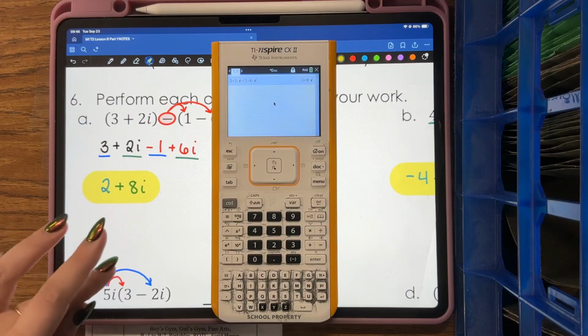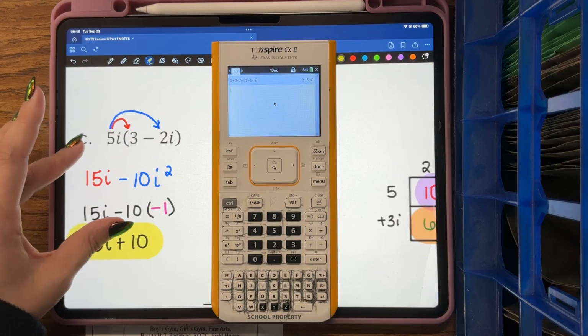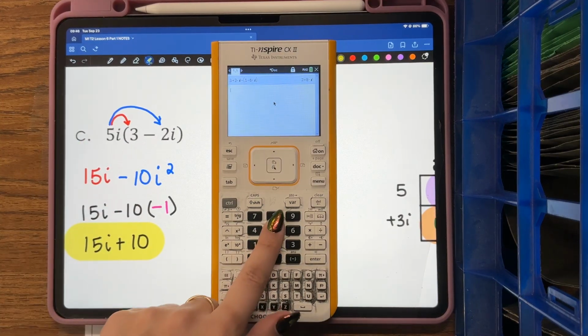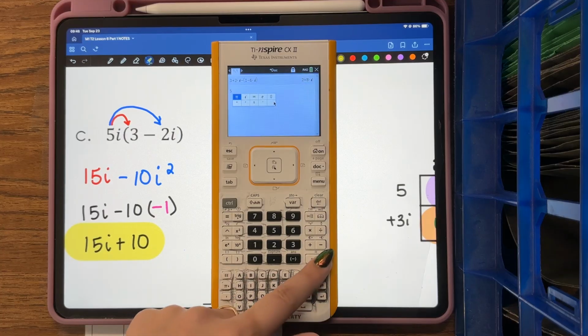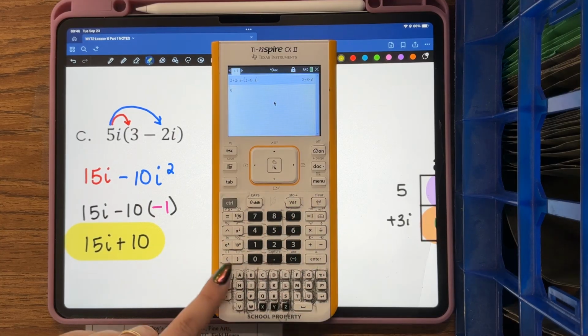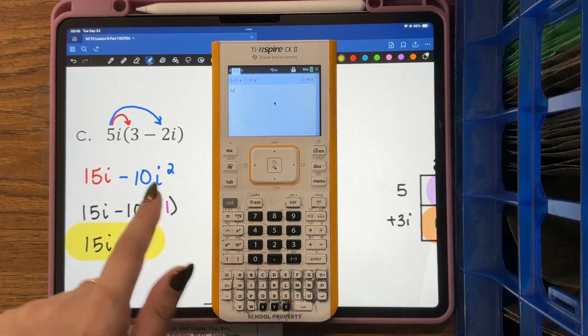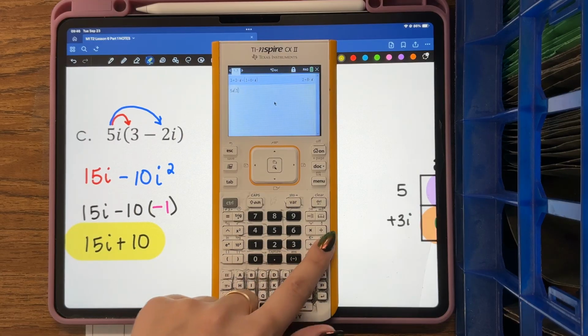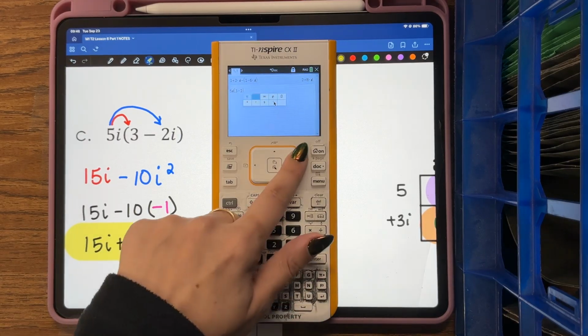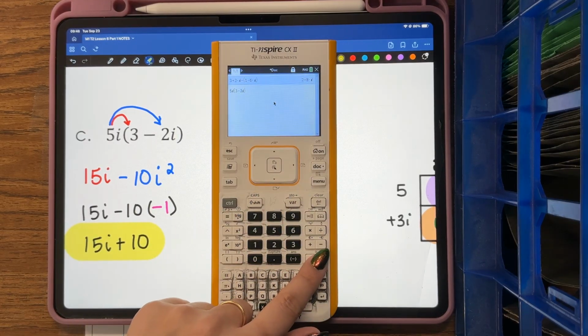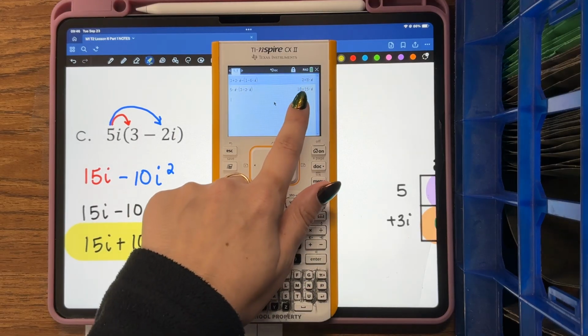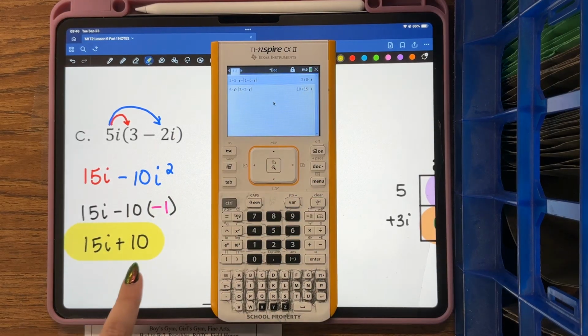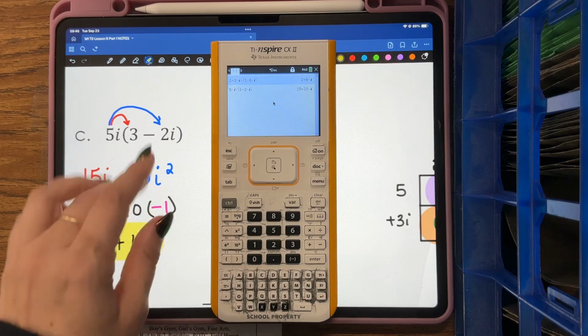Okay. If we go down to this one right here, we would type in 5i times 3 minus 2i, press enter, 10 plus 15i, 15i plus 10 is what we got.